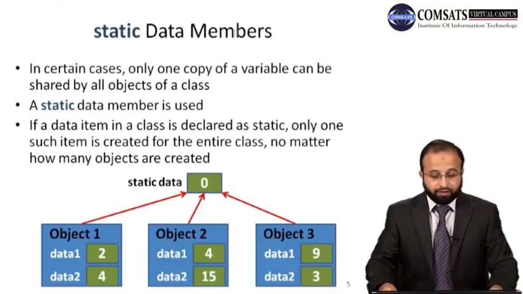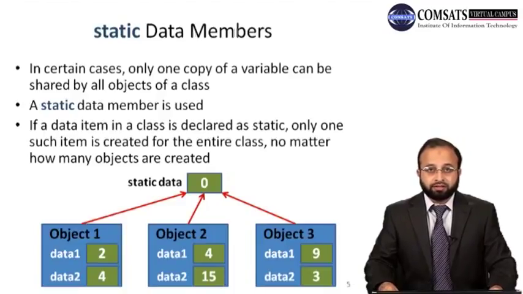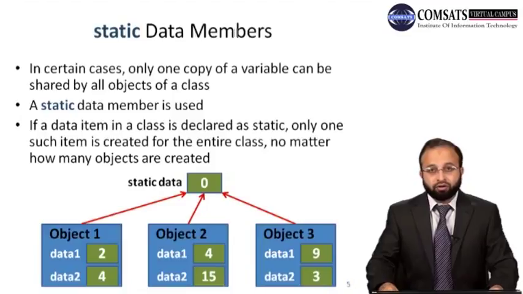So if object 1 modifies the value of the static data member from 0 to, let's say, 10, then when object 2 reads it, it reads the new value, that is 10, right? So a static data member is kind of a global variable whose scope is limited to the class, or we can say scope is limited to all the objects of that class.